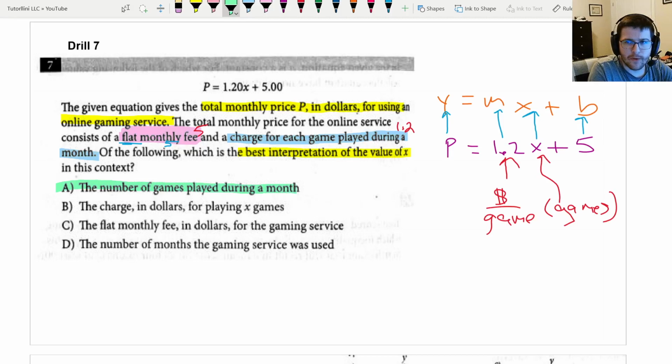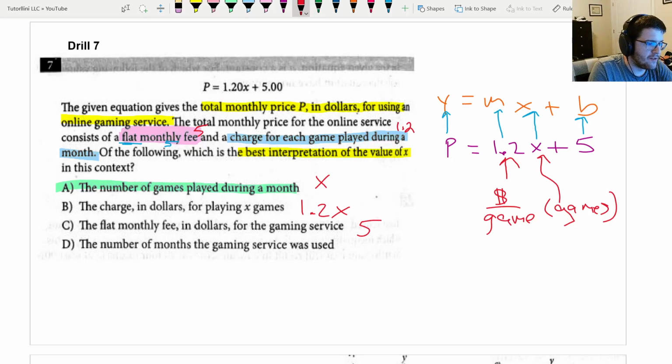Let's see if we can go over where these wrong answer choices come from. The charge in dollars for playing X games. This is 1.2 times X. Think about it: if you play 4 games, 1.2 times 4, that's the total charge. The flat monthly fee, we talked about, that's the 5.